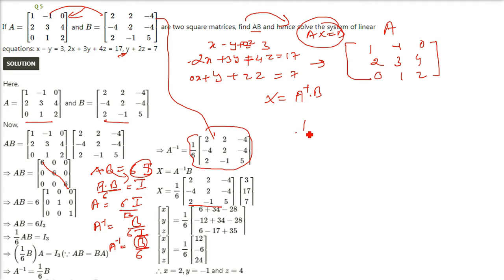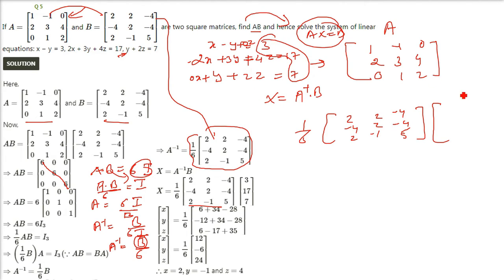This B is not the matrix that was given; this is just B by 6. The B in this case is not that B which is given as a matrix, which we have found out, but 3, 17, 7. And then we multiplied this. So what do you get? X, Y, Z, these are the values. This is how we are going to solve it.